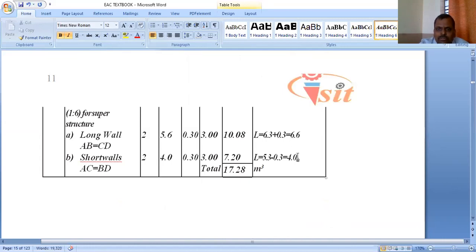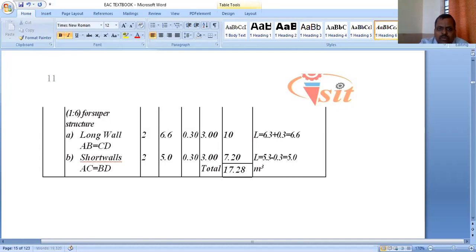The length of the short wall will be 5.0 meter. The breadth will be 0.3 and the height will be 3. Whereas the short wall will be 5 meter, 0.3, and the height will be 3 meter respectively.